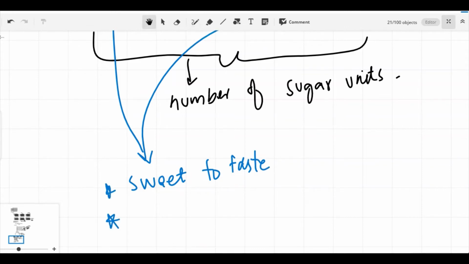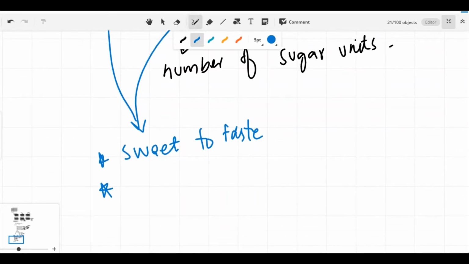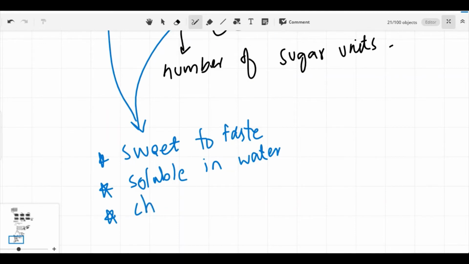The second one is that they are soluble in water, and the third one is that they are crystalline in character.